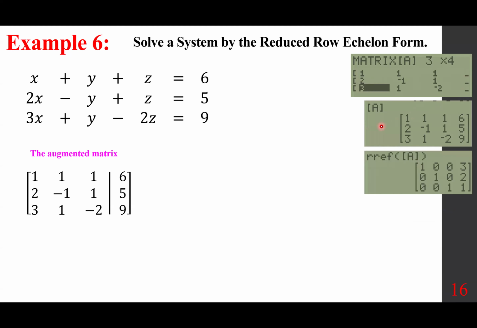I can't emphasize this enough. So X is 3 plus 2 plus 1 is it 6? Yeah, the first one checks. And again, it's not done. You have to check with equation number 2 as well as 3.